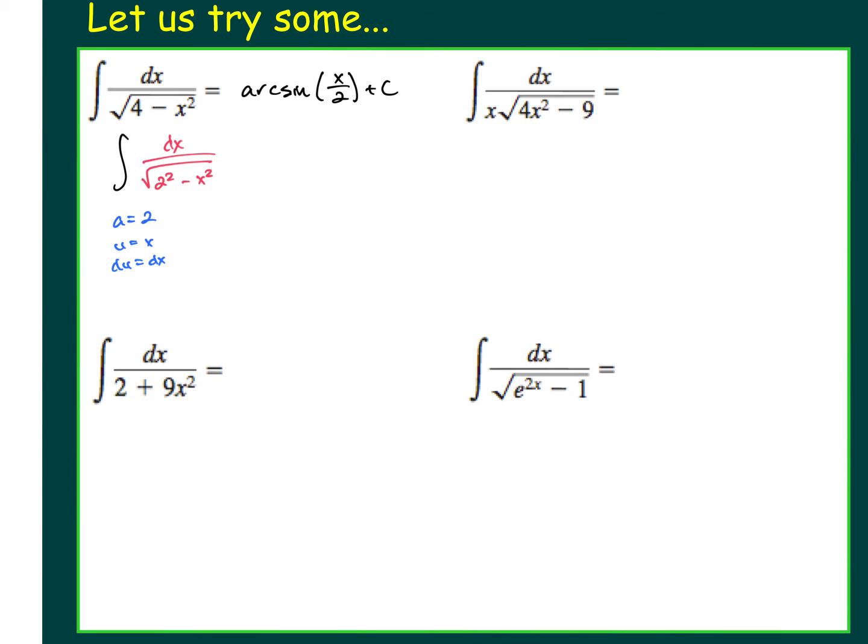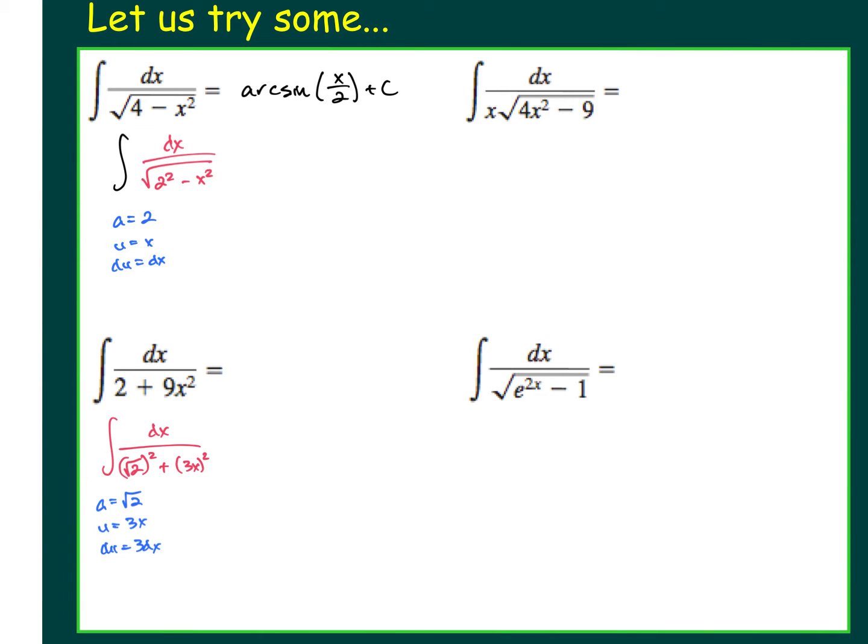So now we end up having a dx over, how do I want to think of this 2? Square root 2 squared. Plus, how do I want to think of this 9x squared? The quantity of 3x squared. So what's my a? Square root 2. What's my u? 3x. So what's my du? 3 dx, right? So what needs to be brought out front?